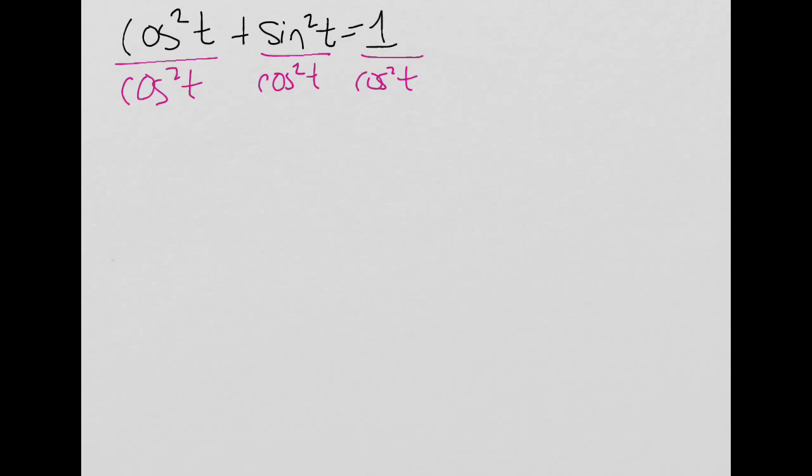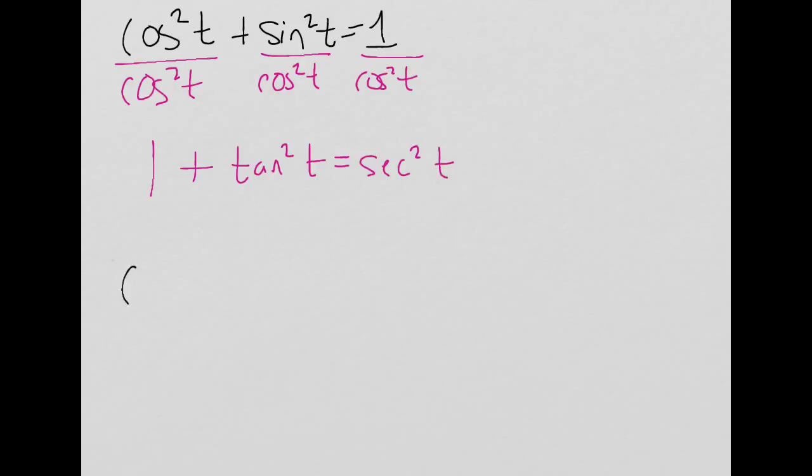And what I'm left with is 1 plus sine over cosine squared, oh, backwards. Sorry about that. Sine over cosine is the tangent, and 1 over cosine is the secant. We get another identity.